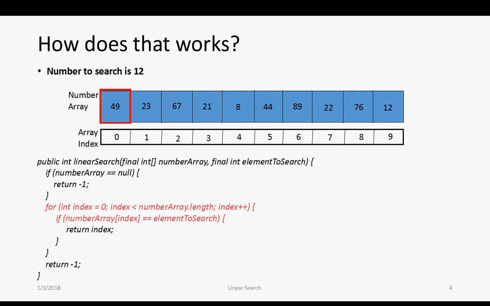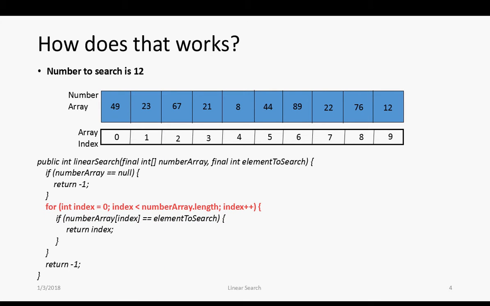It's not the case, as can be seen, the highlighted number is 49. Hence, I will move back to the for loop and increment the index counter. So now my pointer is pointing to the next element. Let's check whether 12 is equal to 23. It's not.